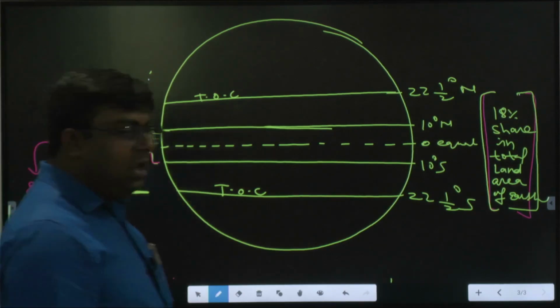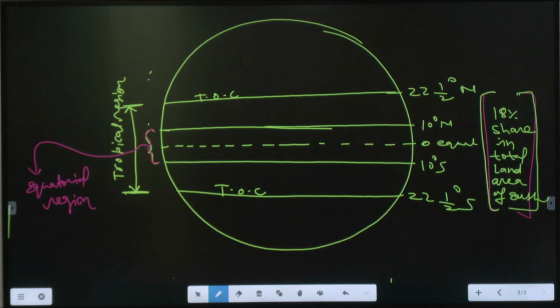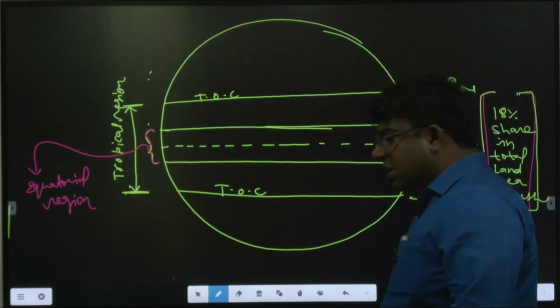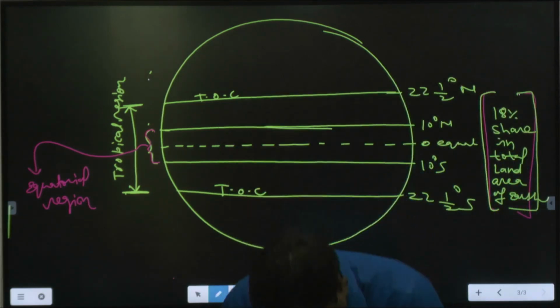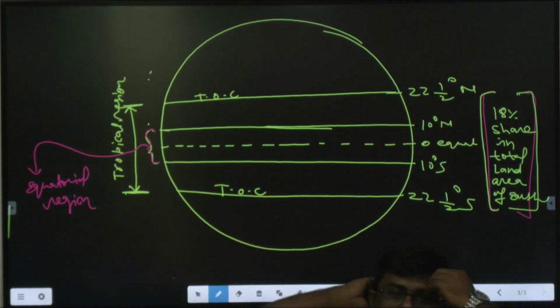It should be your heading, and please start writing: biodiversity of Earth is unevenly distributed, full stop.